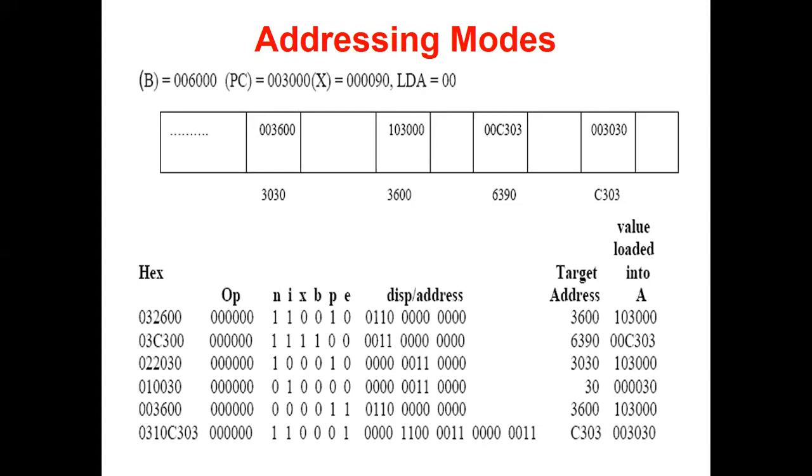We are going to take the contents of that target address, because both values of I and N are one, so it's simple addressing. That's why you see here that the value loaded into the accumulator is 00C303, which is the contents of this target address.